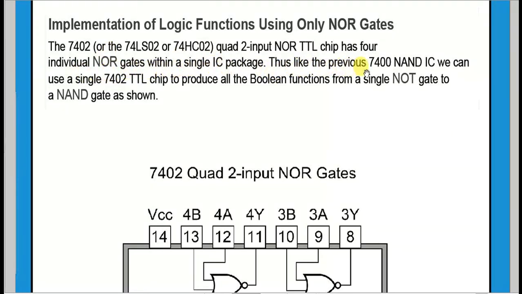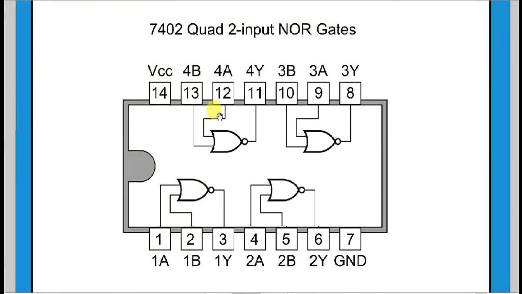Thus, like the previous 7400 NAND gate IC, we can use a single 7402 TTL chip to produce all Boolean functions from a single NOR gate to a NAND gate. So this is the typical 7402 quad 2 input NOR gate IC.